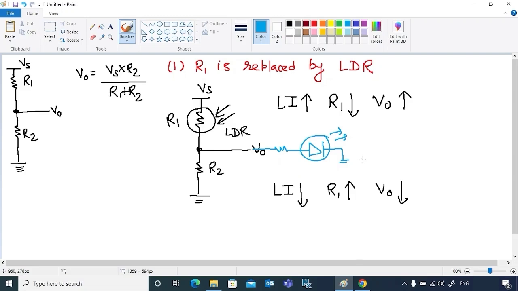So the LED glows when you put this circuit in the light, and that's why it is called a light sensor. When R1 is replaced by LDR, this circuit is a light sensor. The LED is glowing when there is more light intensity.